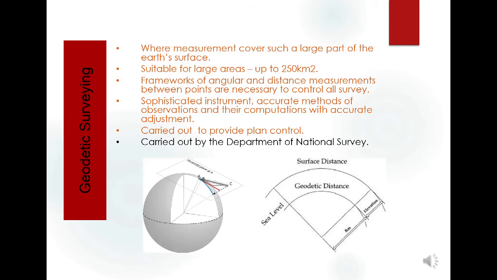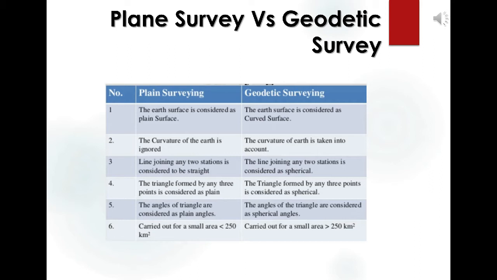It is generally carried out to provide plan control. Geodetic surveys are usually carried out by the Department of National Survey. Now let's see the conclusion, the difference between geodetic surveying and plane surveying.